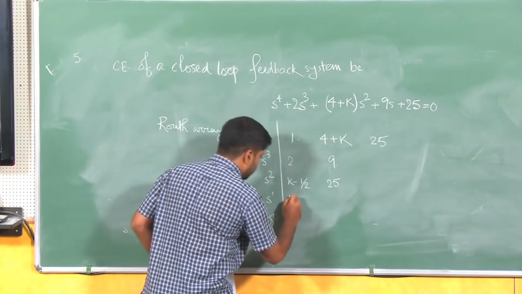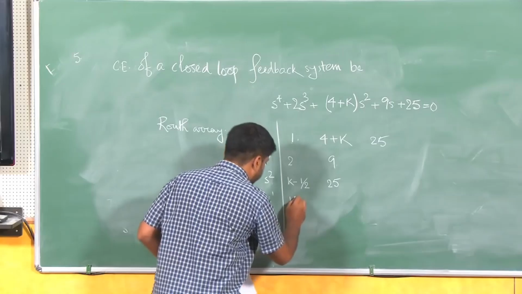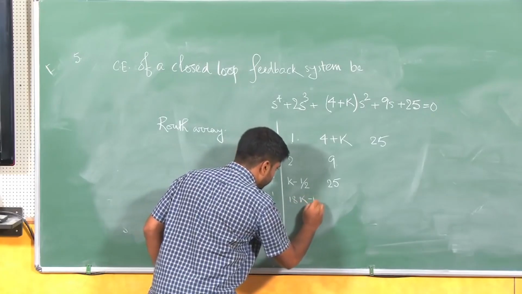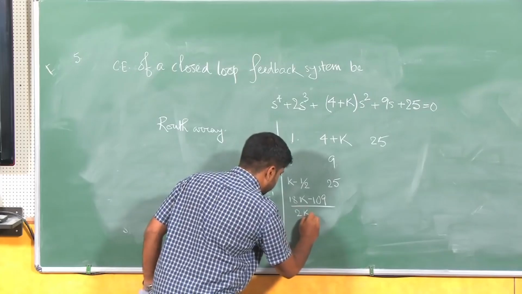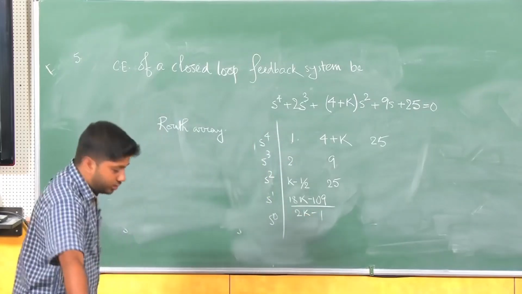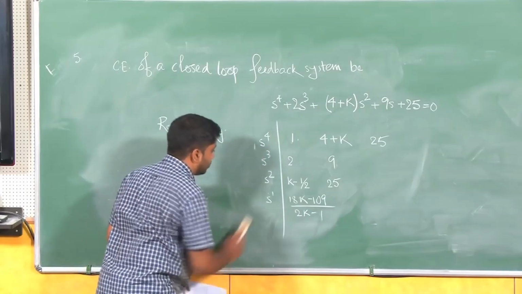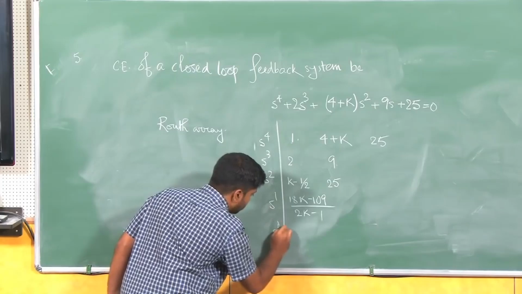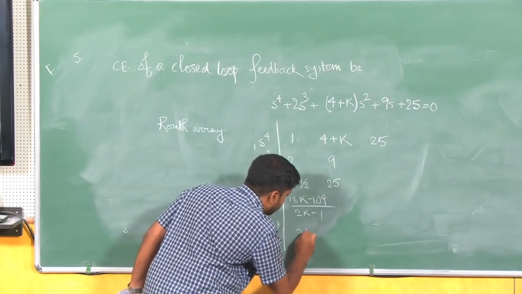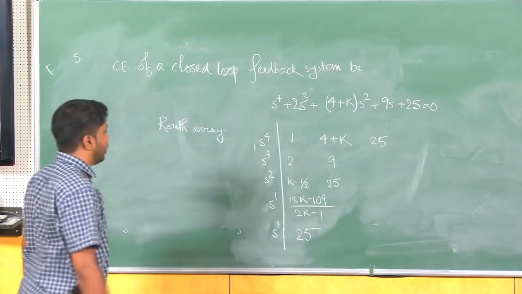After calculating we will find that this term is (18k minus 109) by (2k minus 1), and this term will be 25.